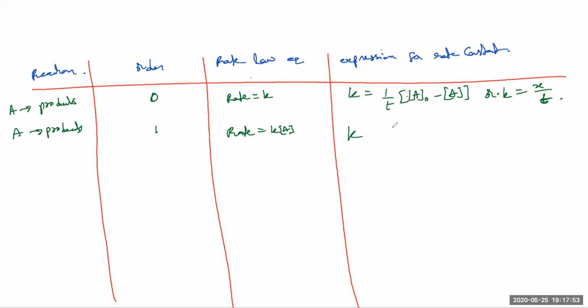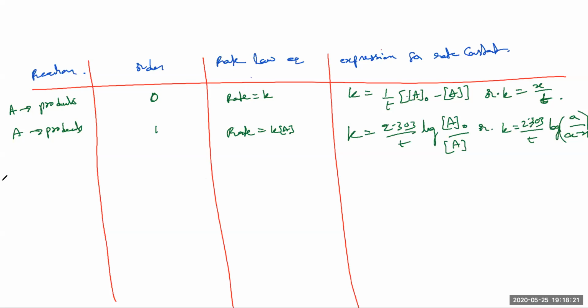Then k is equal to 2.303 by t into log of initial concentration by concentration at time t, or k is equal to 2.303 by t into log of A by A minus x. Next, second order: 2A gives rise to products. So what is the second order formula?